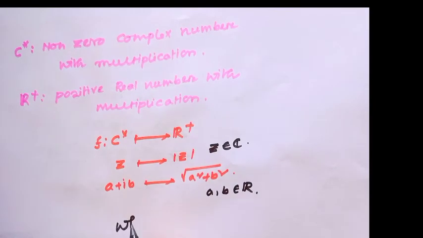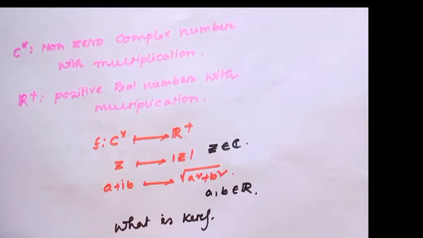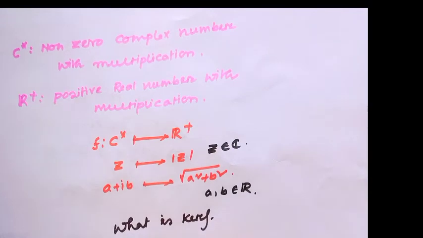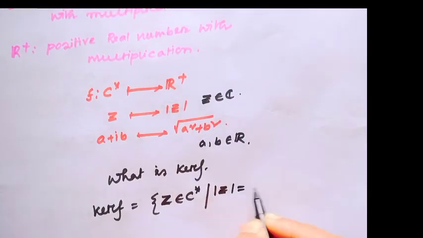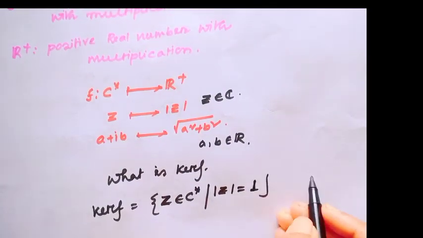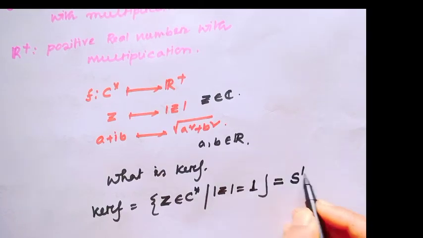What is the kernel of f? Just think. Kernel of f equals the set of all those complex numbers such that the absolute value of z equal to 1, and this is actually S1.